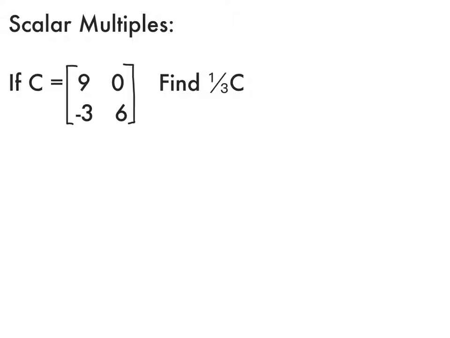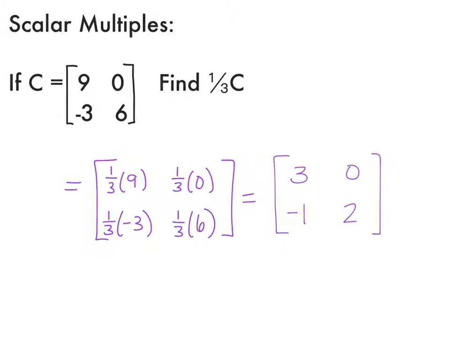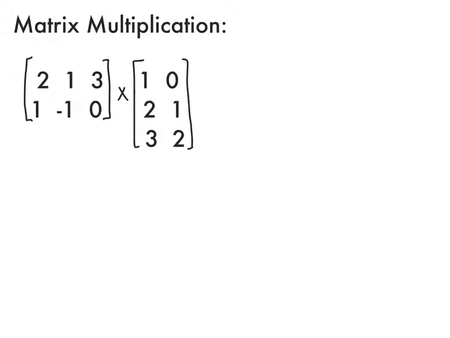So all that really looks like is I'm going to do 1/3 times 9, 1/3 times 0, 1/3 times -3, and 1/3 times 6. And this right here is my resulting scalar matrix.